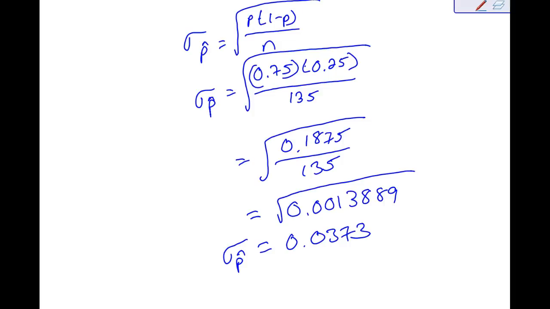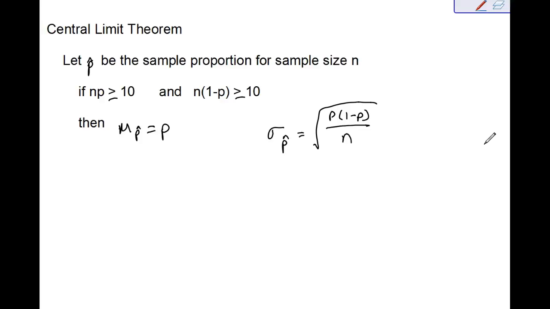So now, let's look at what the central limit theorem says. Remember, the central limit theorem is talking about large numbers, or even if we can do some of these things. So if p hat is the sample proportion for sample size n, what we have to do is think about, is the sample size times the proportion greater than or equal to 10?